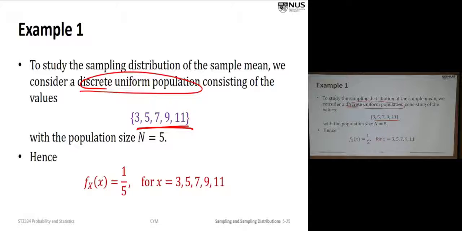So to describe it, I can think of this population as represented by this probability function. It takes the value 3, 5, 7, 9, 11 with probability 1/5 for each of them. All right. So that's how we describe the population. Finite or infinite, we can describe it through this probability function or probability density function.